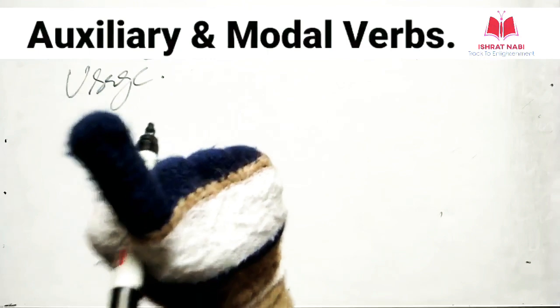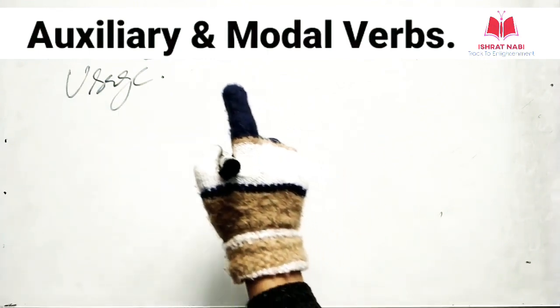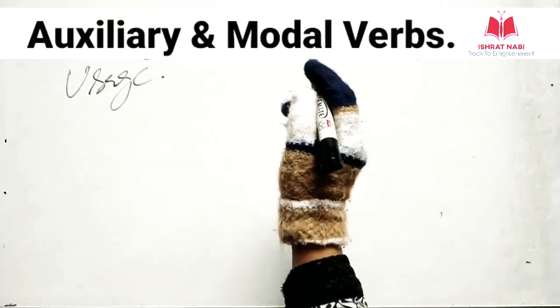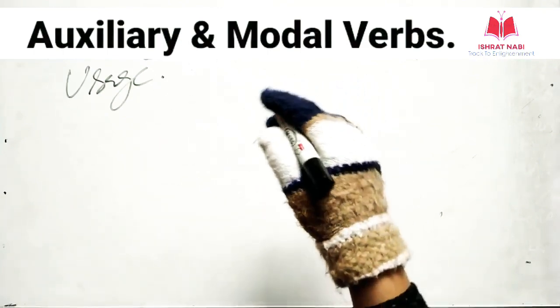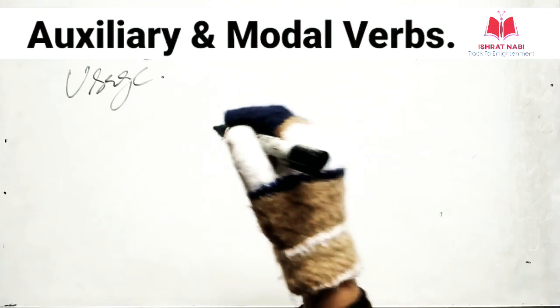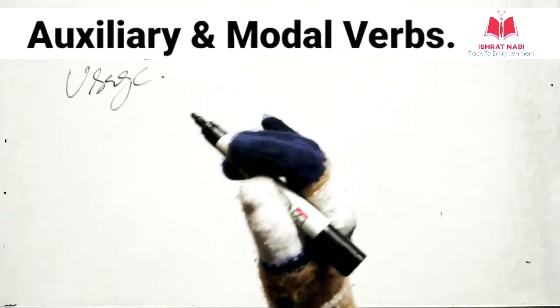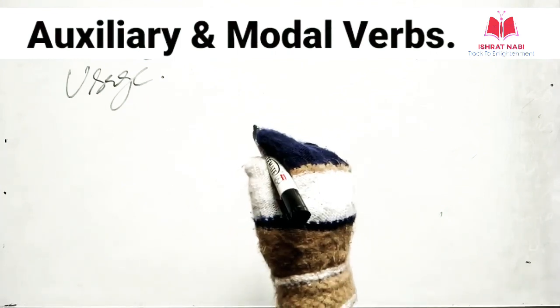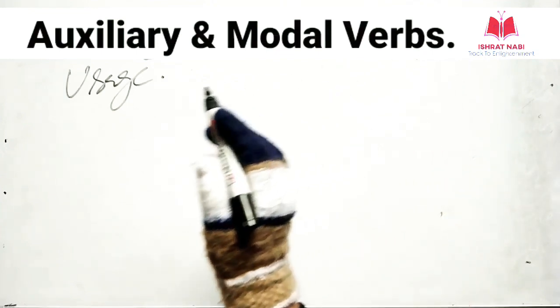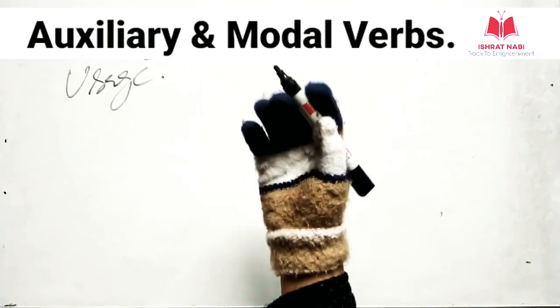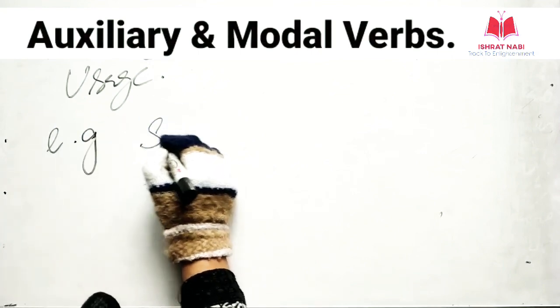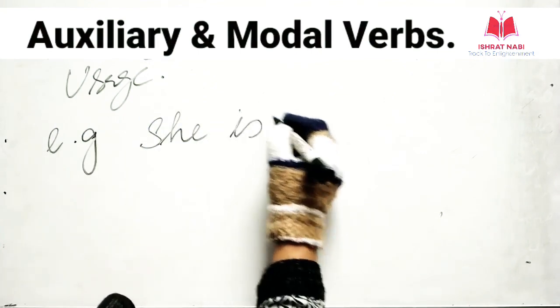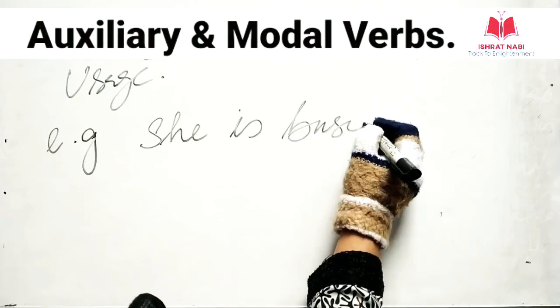Just listen carefully. Auxiliaries come before the subject in questions and can be put before not. I repeat, auxiliaries come before the subject in questions and can be put before not. Example: She is busy.